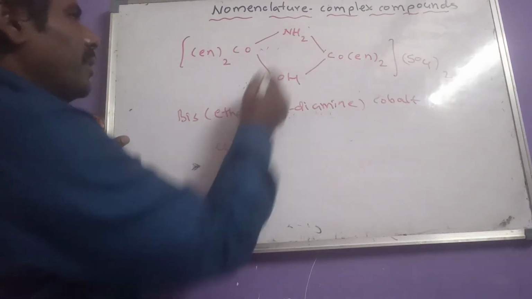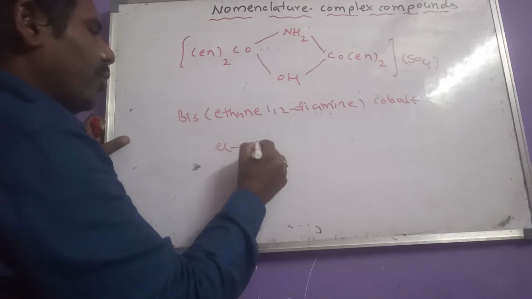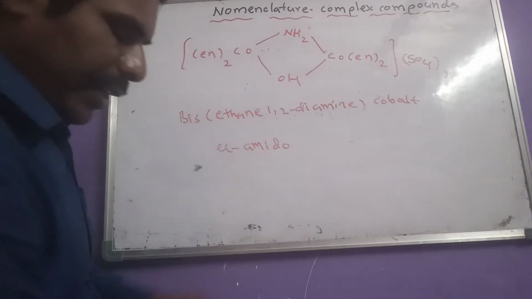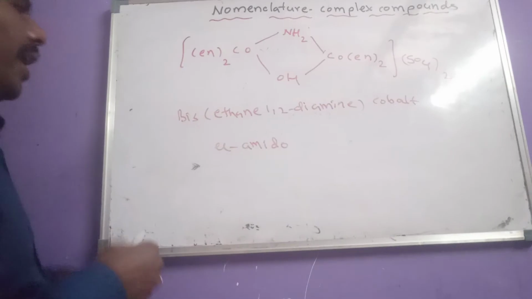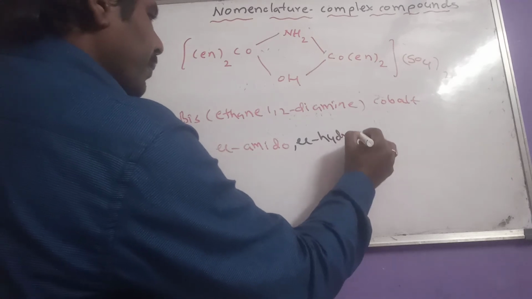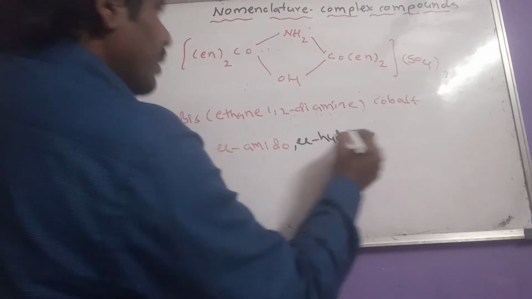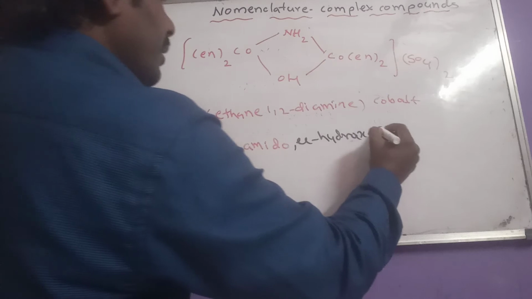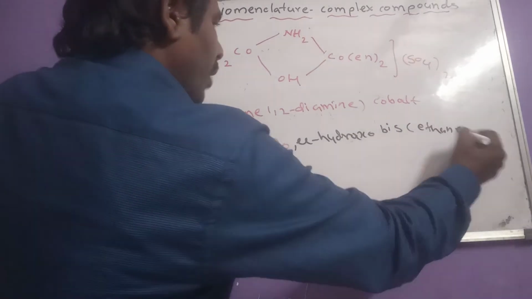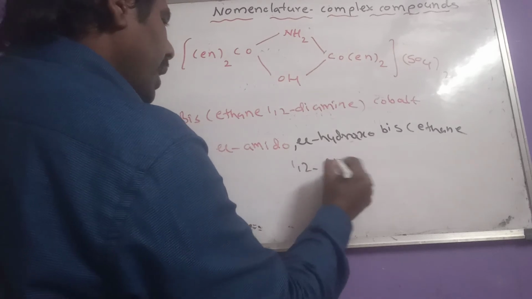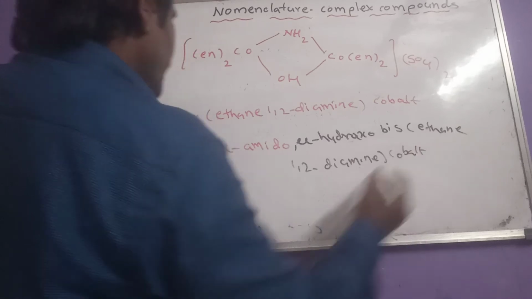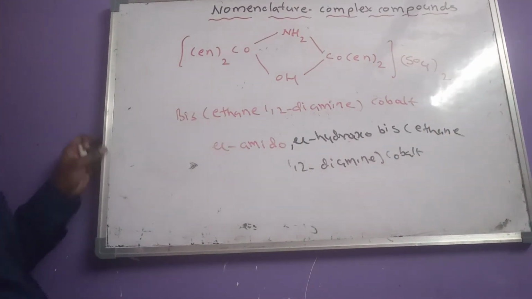Mu, and this is named as amido, mu-amido. And here hydroxo, so it is named as comma mu-hydroxo. And again we have to name this one again, bis(ethane-1,2-diamine) cobalt.